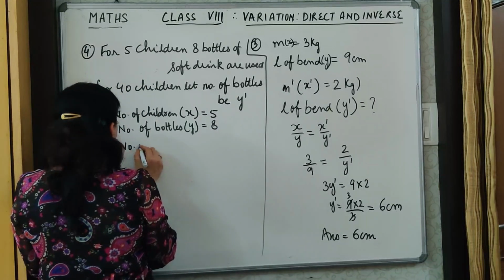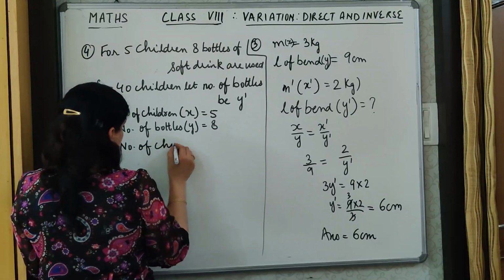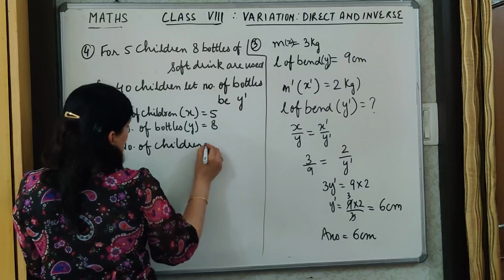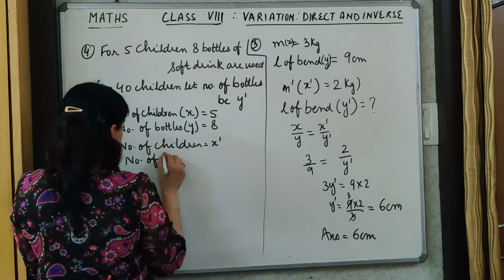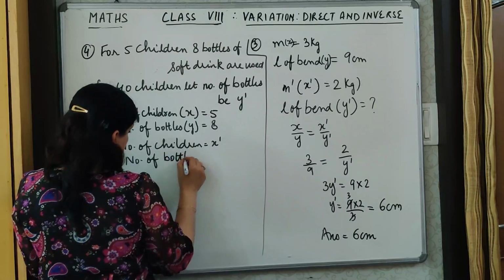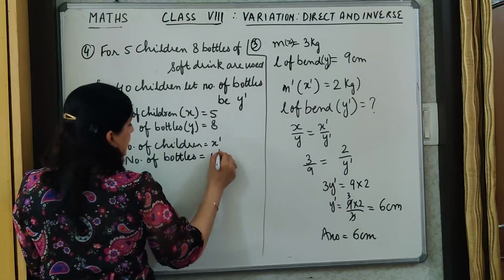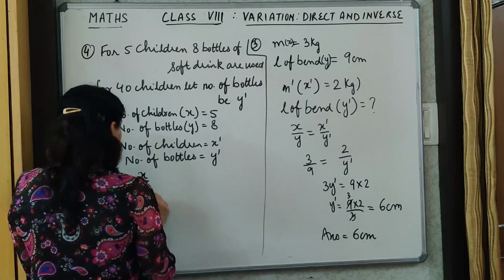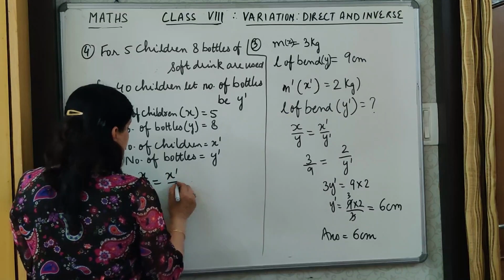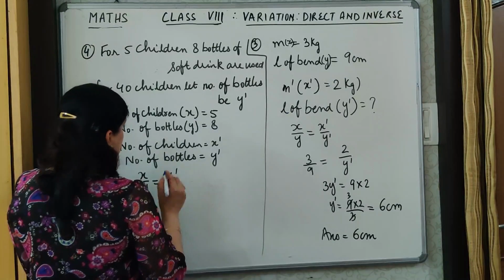Now number of children is equal to x dash. So number of bottles is equal to y dash. Alright children. So I get now, using the formula of unitary method, x upon y is equal to x dash upon y dash.